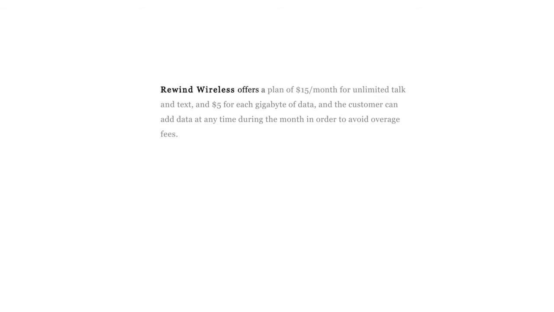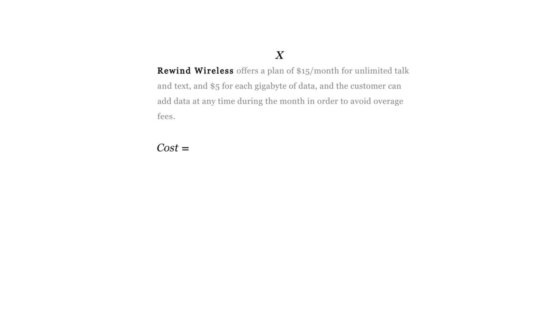from the top. So you remember Rewind offers $15 a month for the talk and text and $5 for each gigabyte of data. So if X is the number of gigabytes, the cost is going to be 5x plus 15, because it's 5 times the number of gigabytes plus this kind of baseline of $15 to start with.